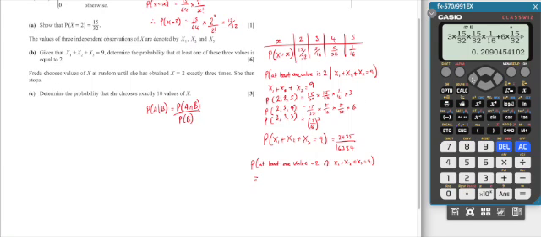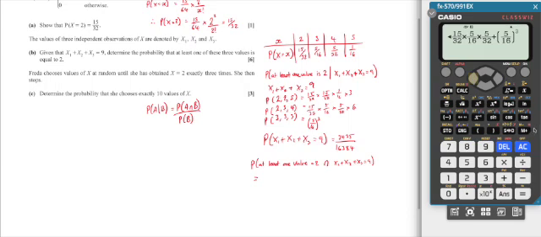So I can just get rid of, in my calculator, this. That should give me that, which is 2925 over 16384, which is 0.1785.